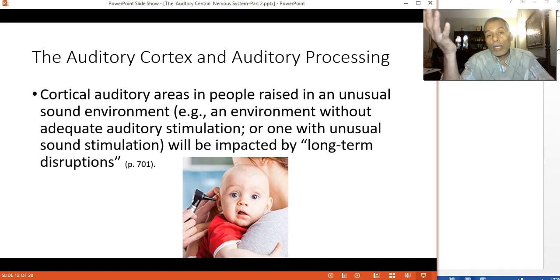That person will not be able to connect the auditory map so that they can speak verbally and produce language. So depending on how severe the deprivation is, that is going to produce long-term disruptions that will produce long-term impacts.